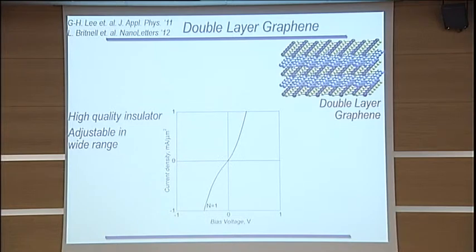It's the same story as for the drag experiment, which we discussed yesterday. For a drag experiment, you would probably try to use a slightly thicker spacer, because one layer of boron nitride is too thin, and it allows lots of tunneling between the two graphene layers.